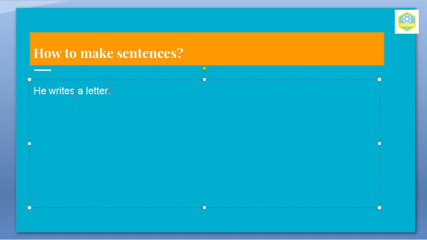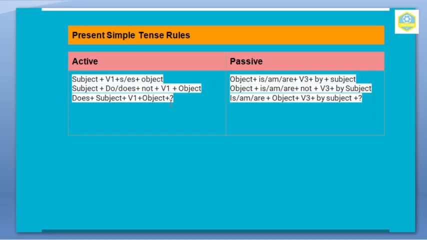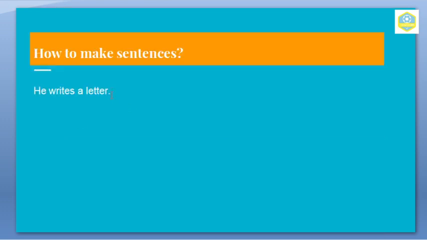So that's why I put it, if you're comfortable with it, you can. And for making a negative and interrogative, it's the same. He does not write a letter, right?